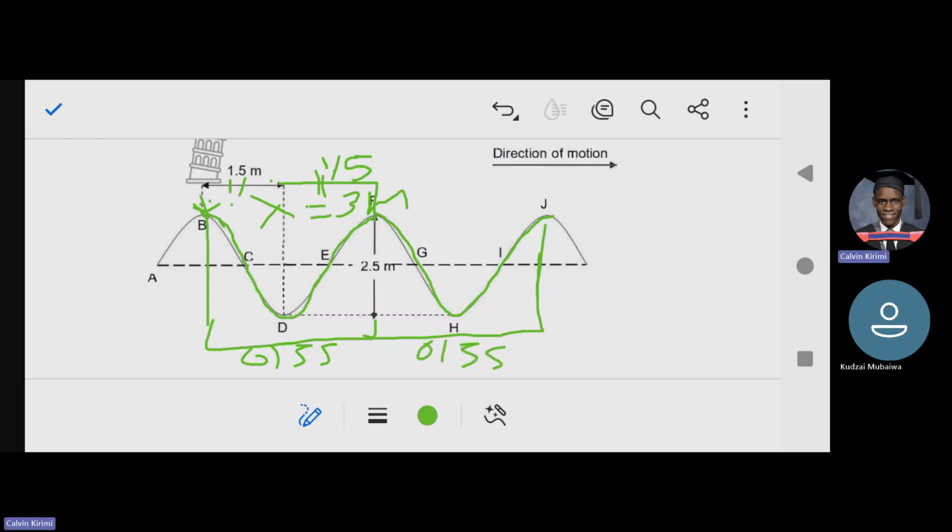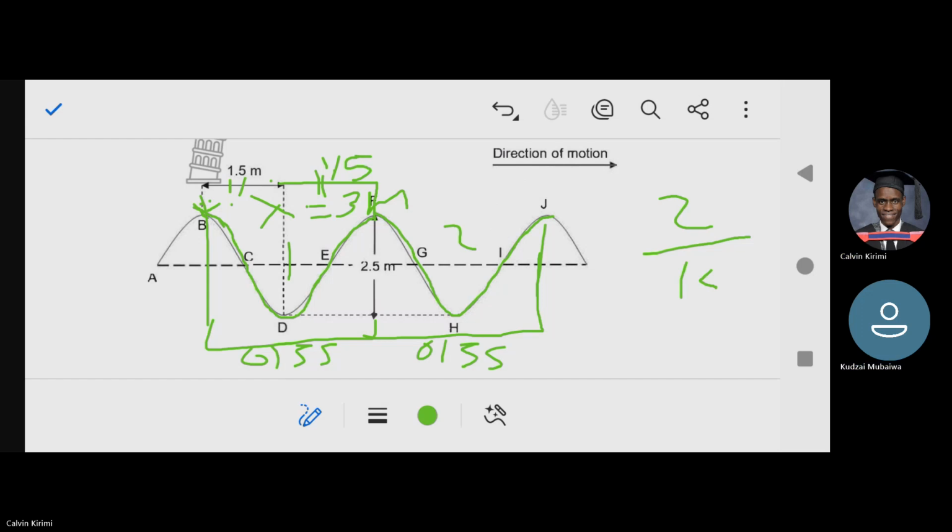So from our definition, the number of these cycles which we are drawing: this is wave number 1, wave number 2. I have 2 of these waves over 1 second. So your frequency automatically becomes 2 hertz, isn't it?